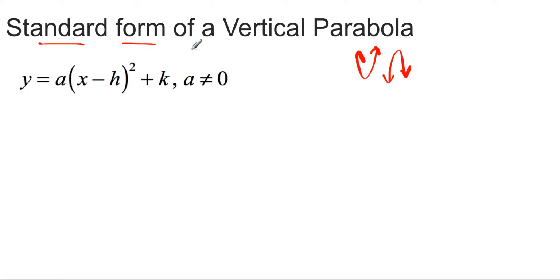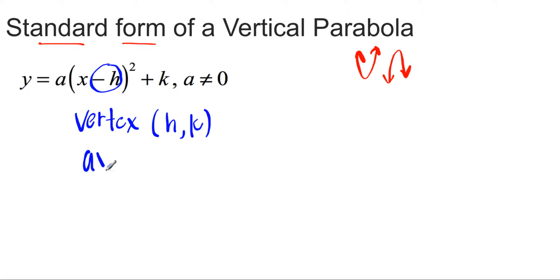So from this, we can get the vertex. The vertex is actually found using h comma k. So notice how that's written in the standard form. It's x minus h. So when we get our number for our vertex, it's actually the opposite of what we see. What I mean by that is I see a minus h right now, but my coordinate is just a positive h.